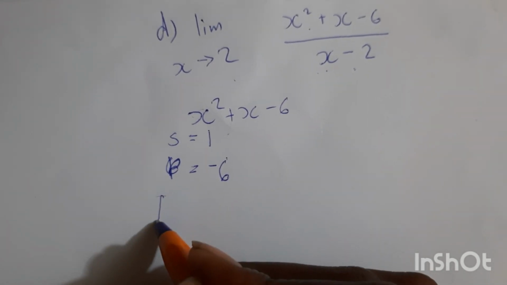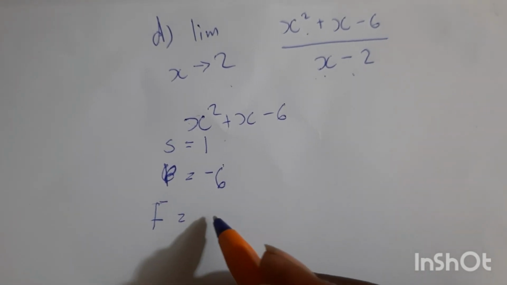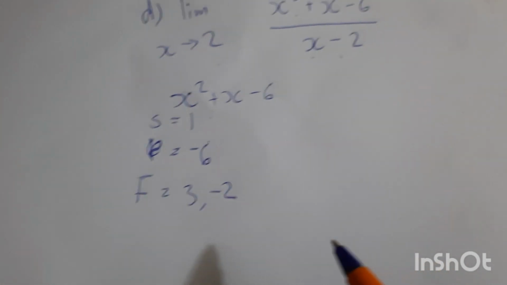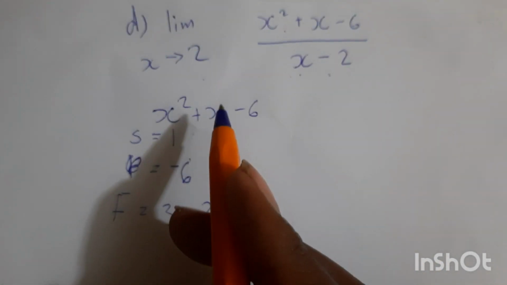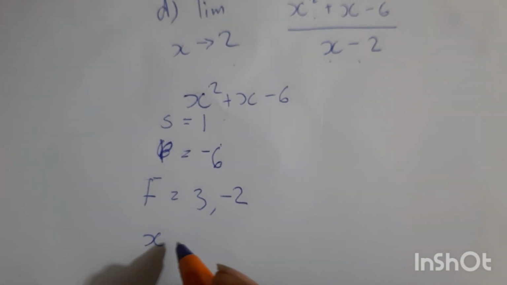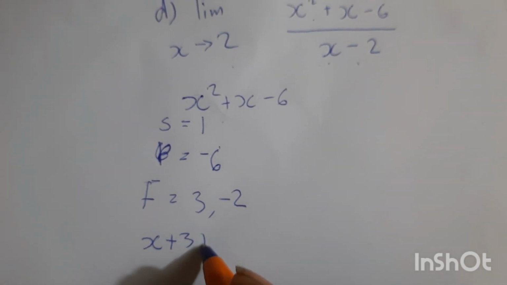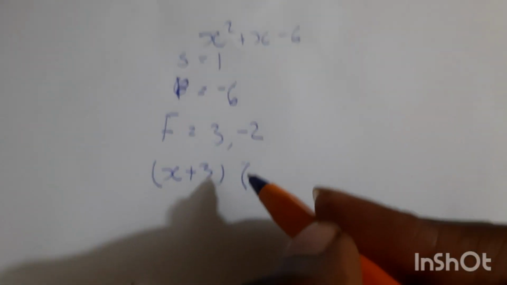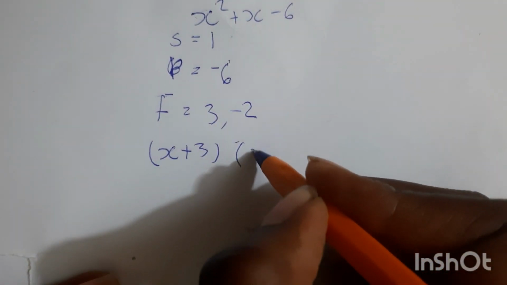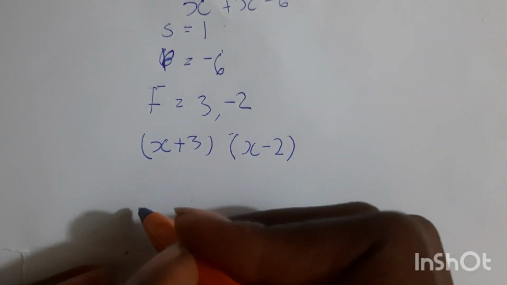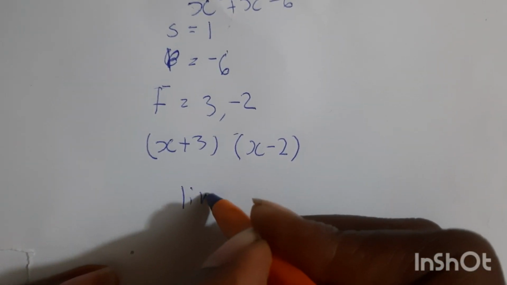That will give you a 3 and a -2. So therefore, your factorized version of this quadratic equation is x plus 3 times x minus 2. So what we're going to do is take it back into the original equation.